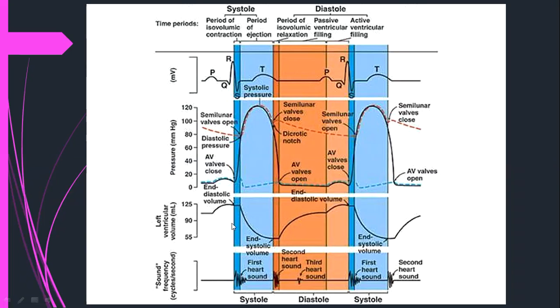Alright, so with this information, you are able to measure the stroke volume, which means the volume of blood ejected per beat. So here we shall have 125 minus 55, which is around 70 milliliters, indicating the stroke volume. Okay, so we shall continue our journey.